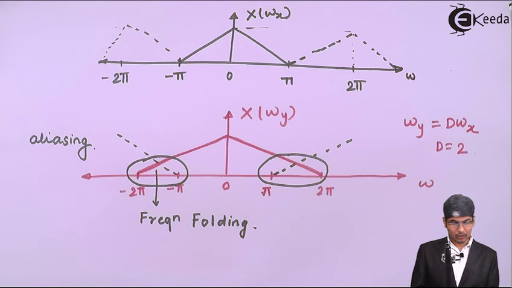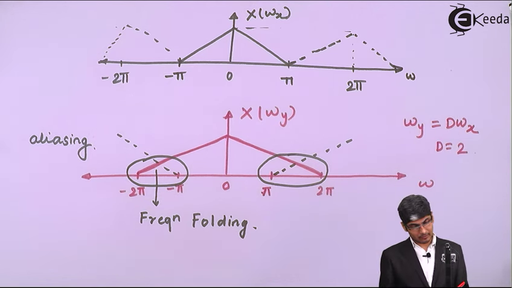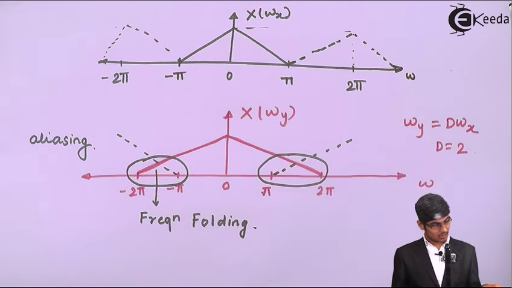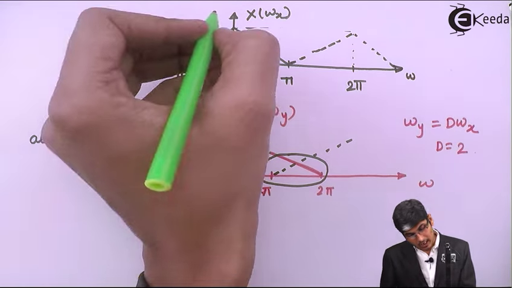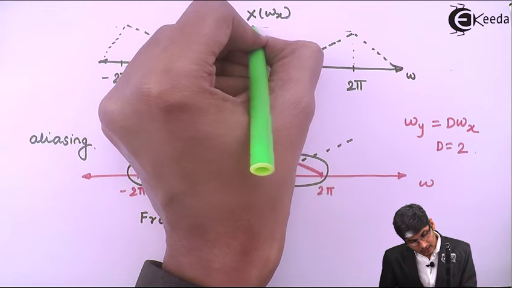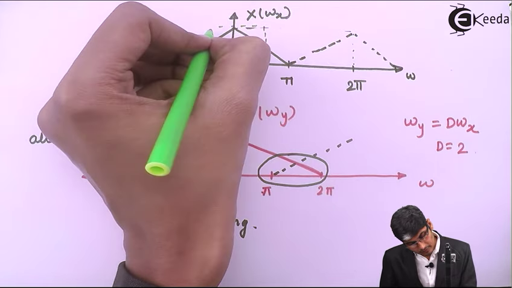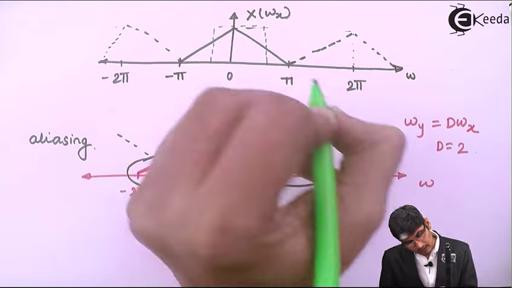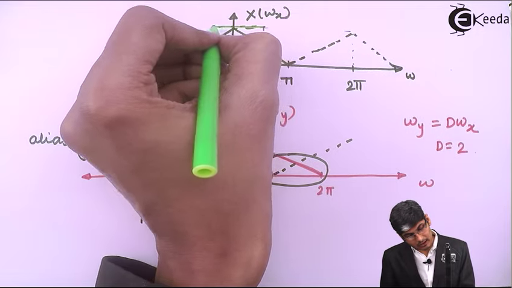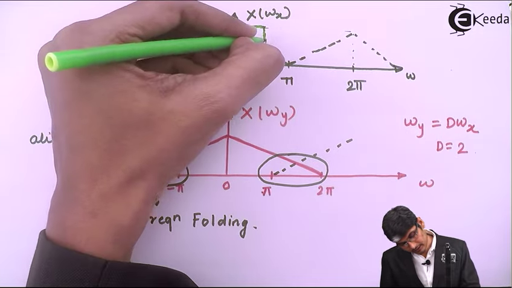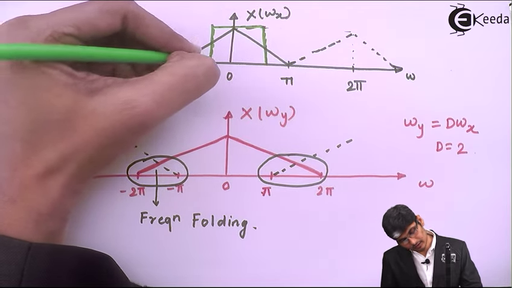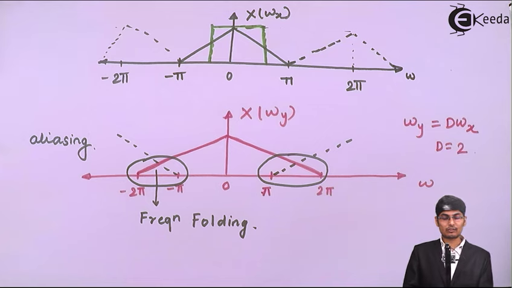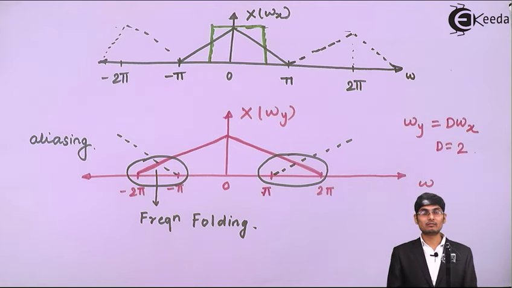So what we normally do is impart a filter. I will draw it in another color so that you can understand. Can you see the green curve? This is the filter which will restrict my input signal.